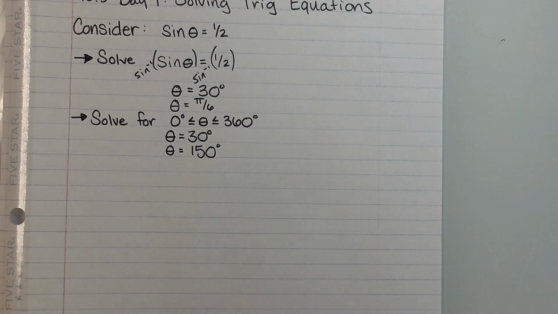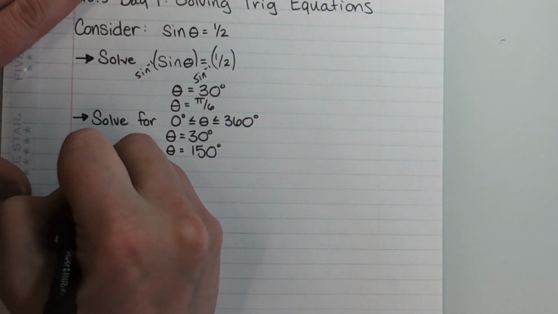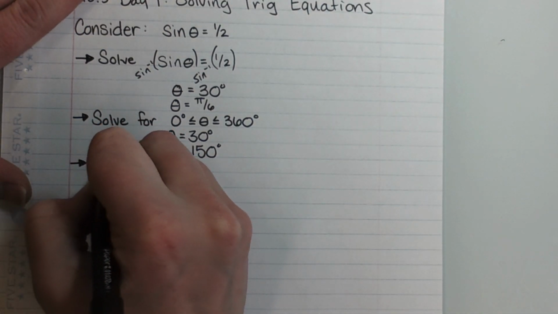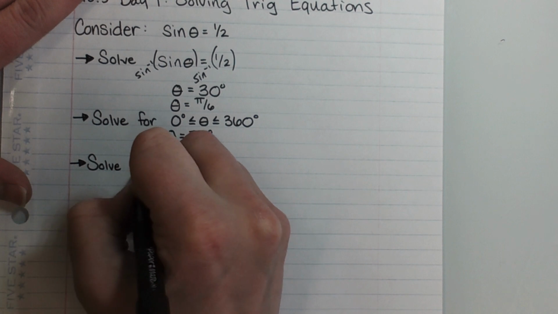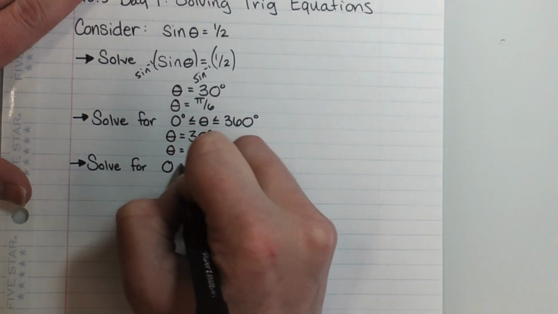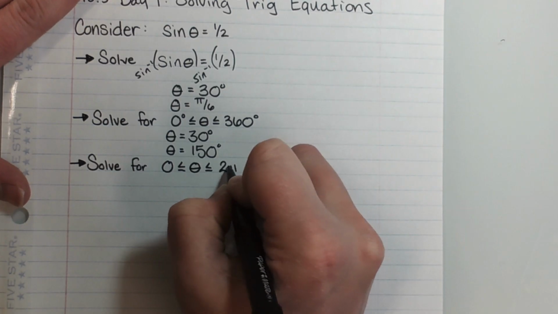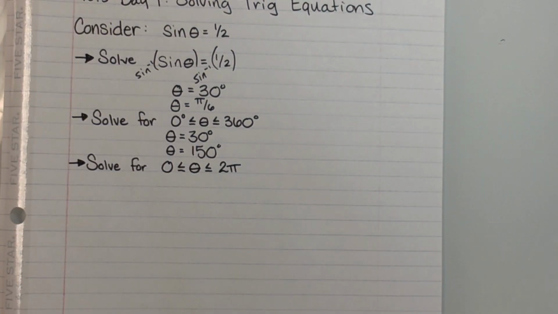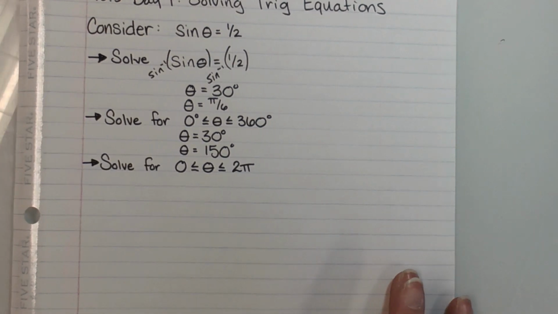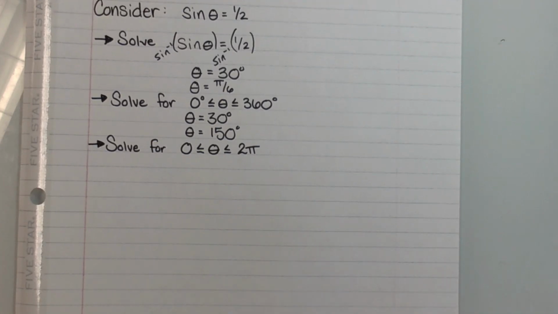Changing the instructions on you again. Instead, we're going to solve for angles between 0 and 2 pi. Spencer, what do we get?